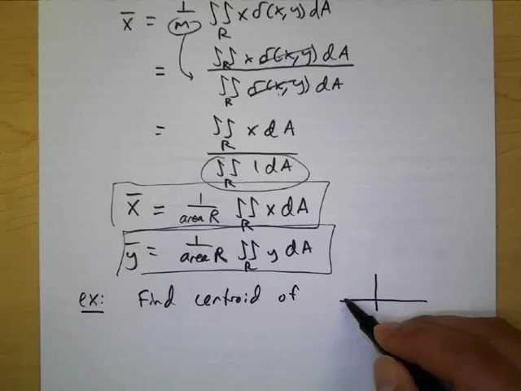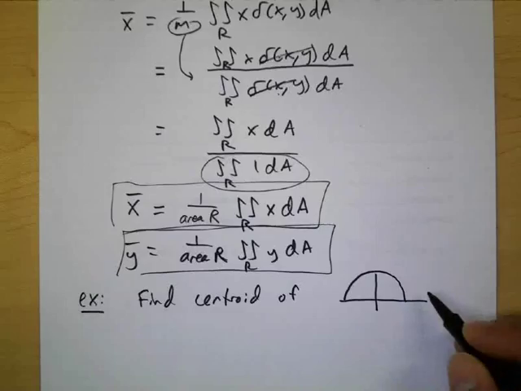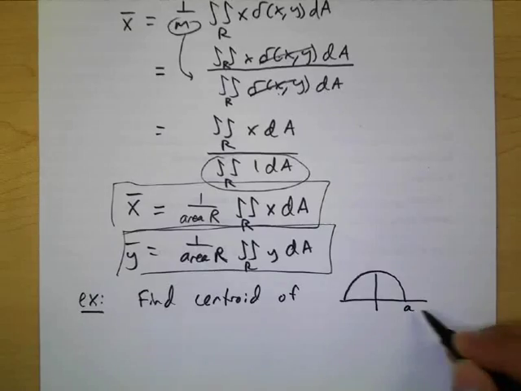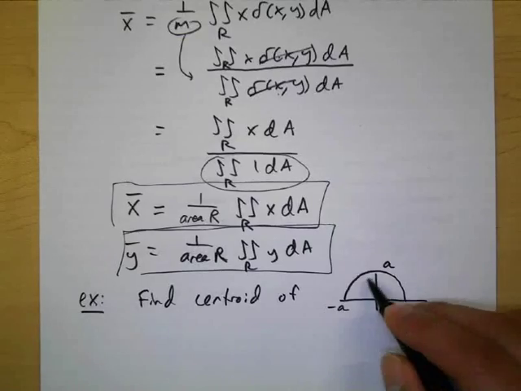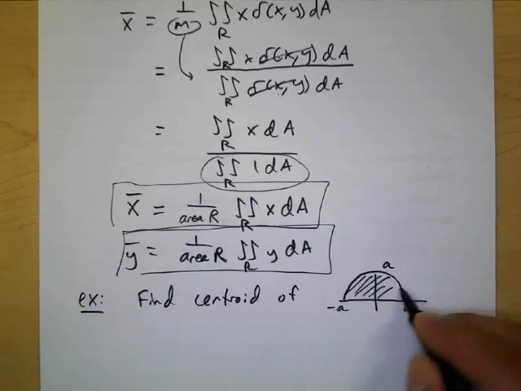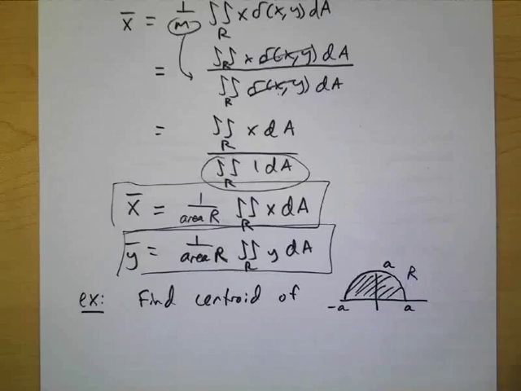So let's say our region R looks something like this. So this is R. Do we know one of the coordinates already?